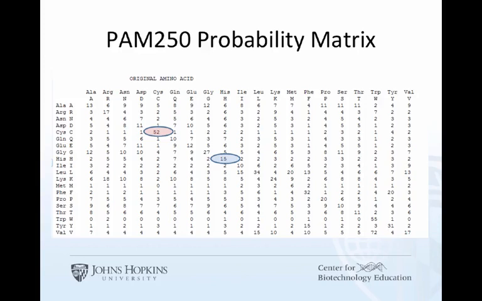To put it another way, nature is somewhat intolerant to cysteine mutations. Let's look at arginine. Arginine is at 17% for remaining arginine, but actually 18% for lysine. Those are both positively charged amino acids, so it's not surprising that arginine could wind up as lysine.